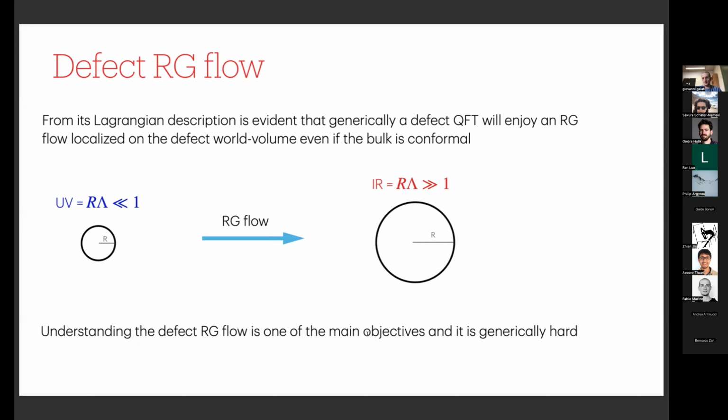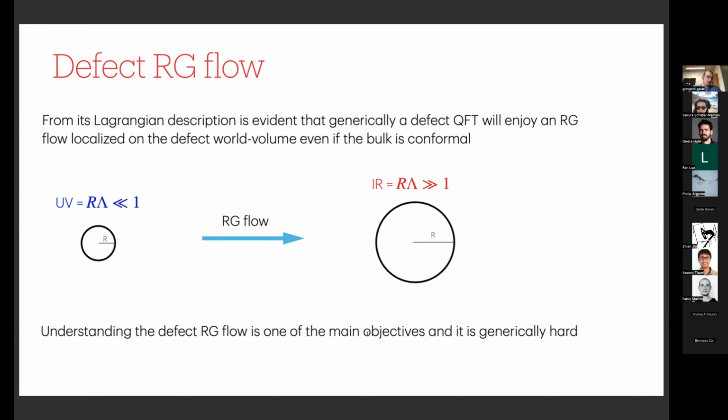For example, we can put the defect on a sphere, and then this new scale will be the radius of the sphere. Then we can compare this scale with the scales of the theory, the ones set by the relevant couplings of the theory.